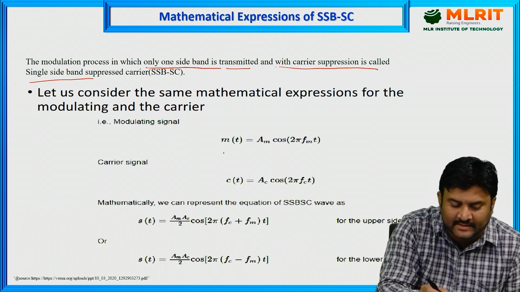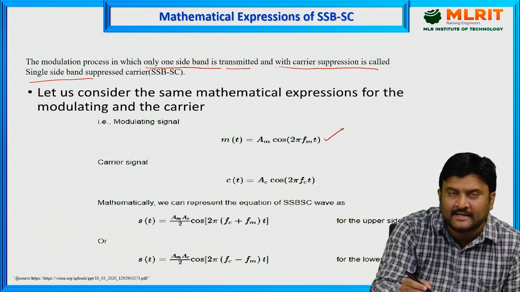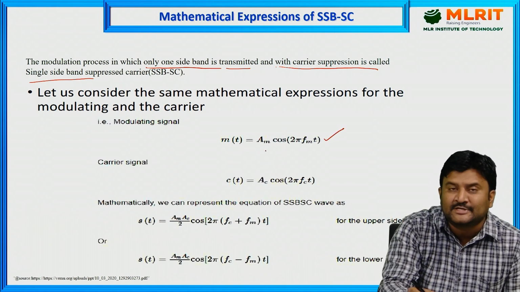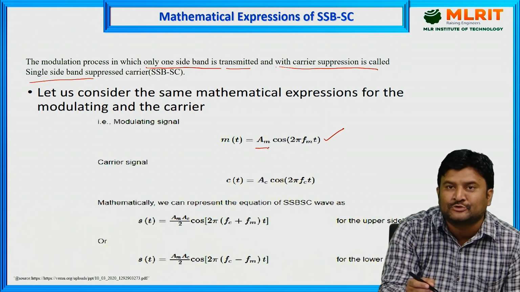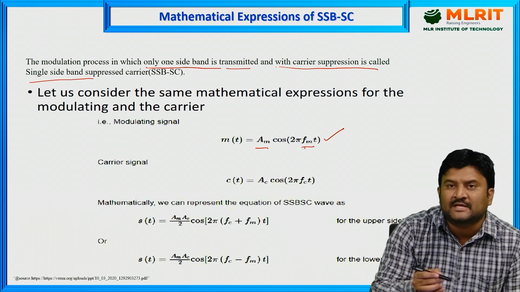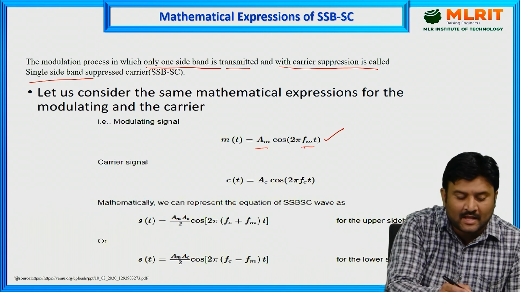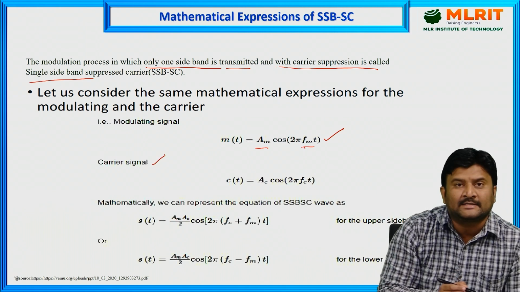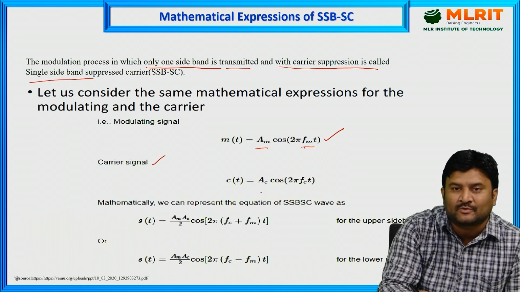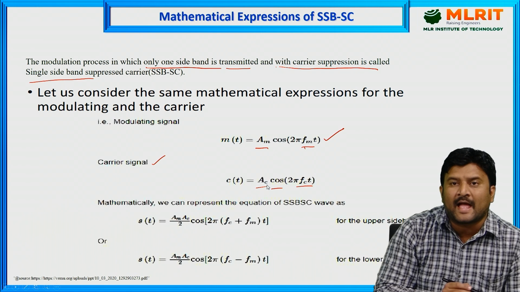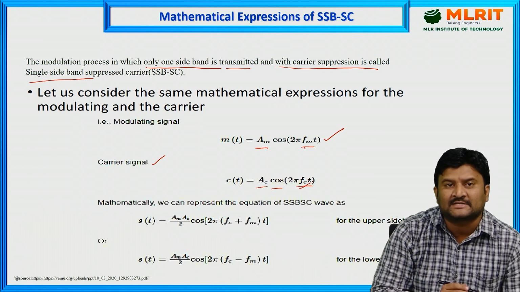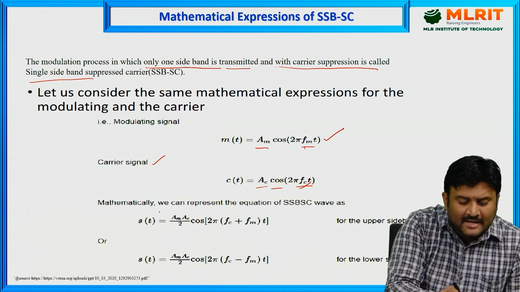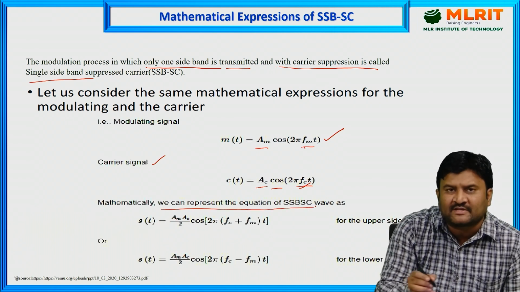I am taking a modulating signal, mathematically represented as m(t) = Am cos 2 pi fm t, where Am is the amplitude of the message signal and fm is the frequency of the message signal. And I am taking another signal, the carrier signal, c(t) = Ac cos 2 pi fc t, where Ac is the amplitude of the carrier and fc is the frequency of the carrier signal.